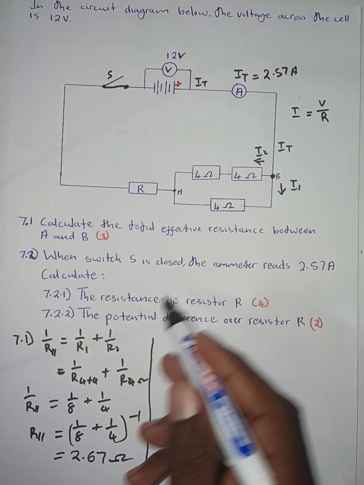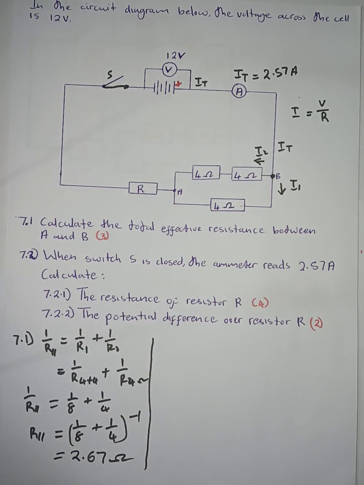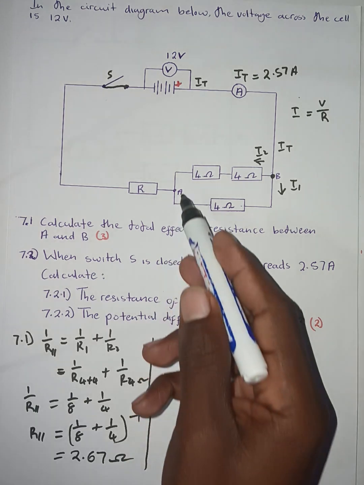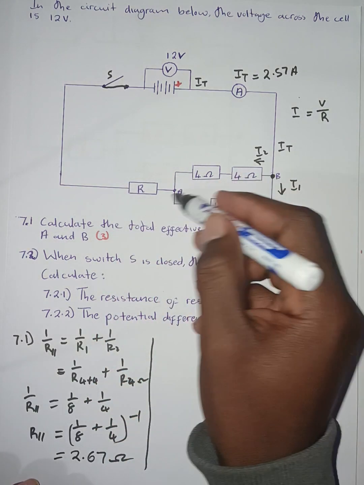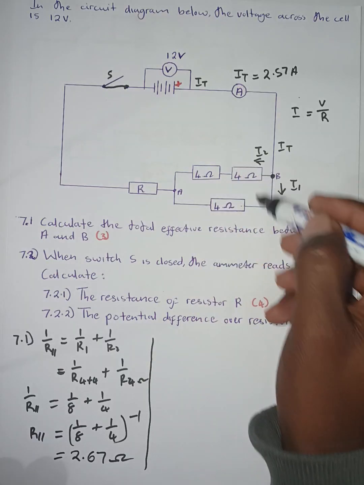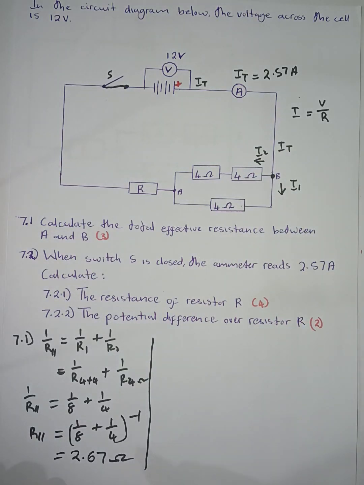So if we check that question that we have there, they said calculate the resistance of R, but where is our R? That would be our R there. Now remember, we have calculated the effective resistance across these two branches, and we found that to be 2.67.